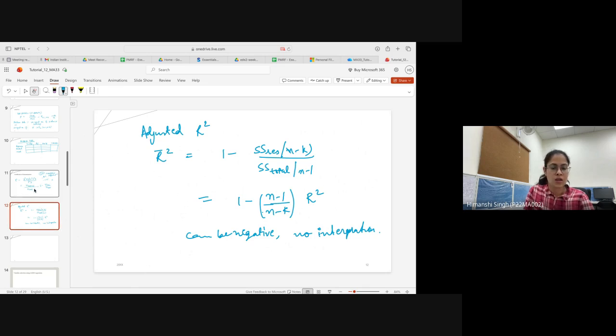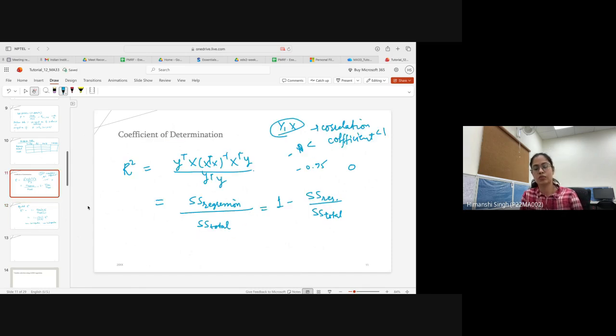Okay, fine. So this was about how to measure the adequacy of the model. Basically, I forgot to mention, this r square is between 0 and 1.